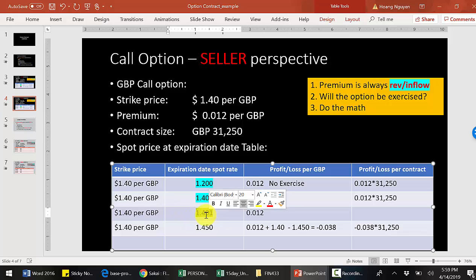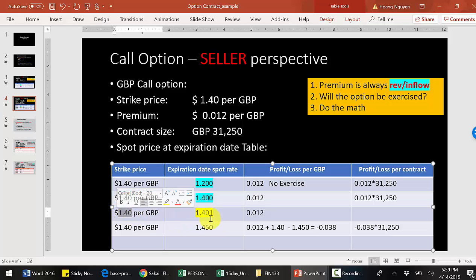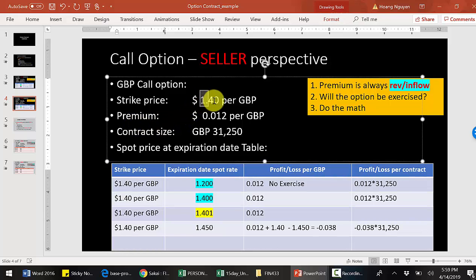Like we analyzed before, the buyer will exercise the option contract in that situation because they can buy for only 1.4 instead of paying 1.401. Okay, so again, when the buyer exercises, the buyer will pay the seller 1.4.